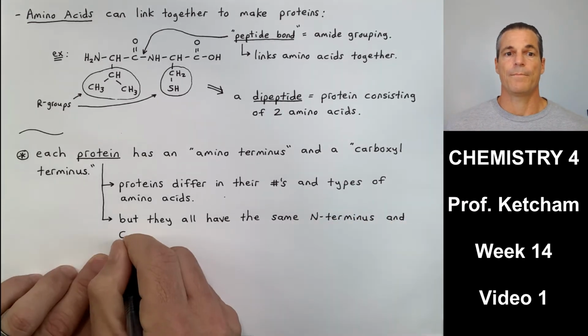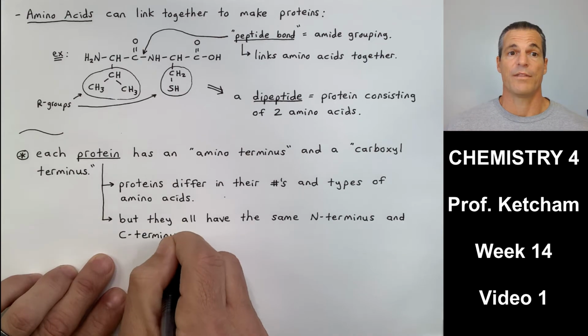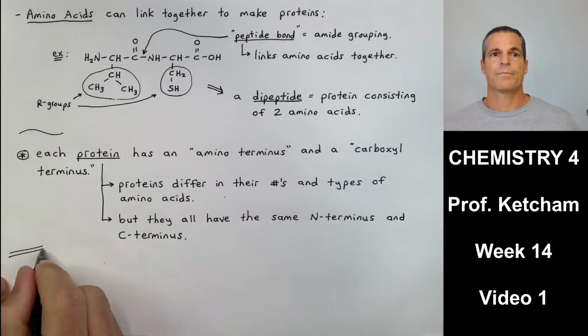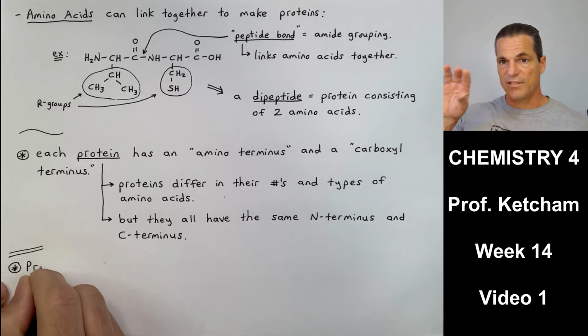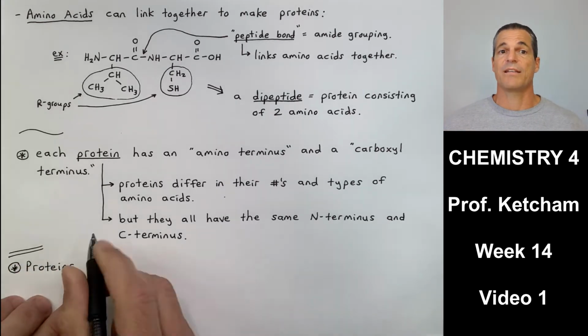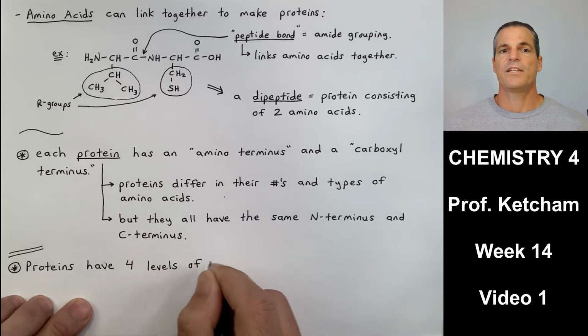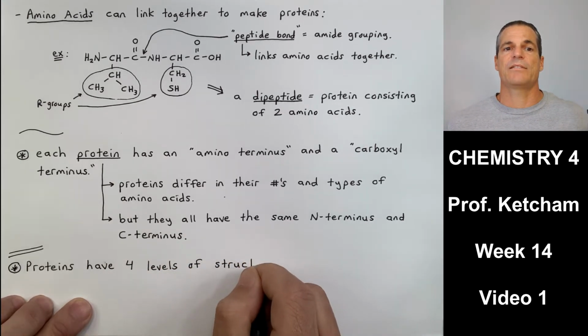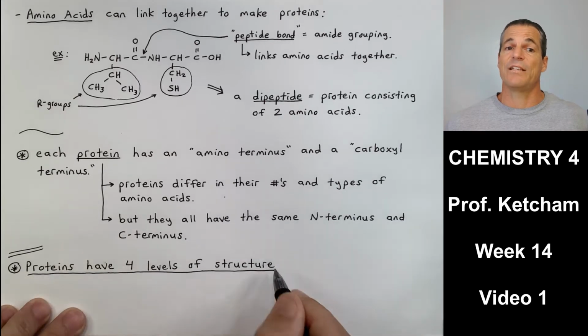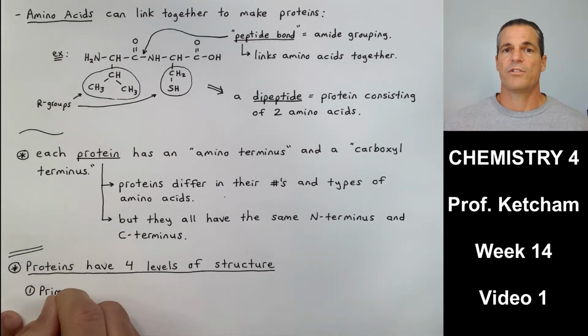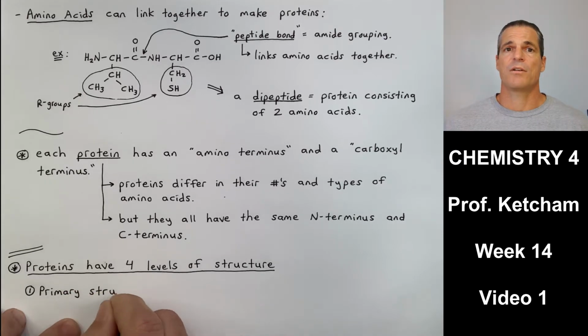And we'll do an example below, but if you look at the top one there, you see how I have that NH2 group on the far left? That's my N-Terminus, and then I got the C double bond O, OH. That's on the far right, that's my C-Terminus. Okay. So proteins differ in their numbers and types of amino acids, but they all have the same N-Terminus and C-Terminus. So what I've just been talking to you about is something called primary structure.